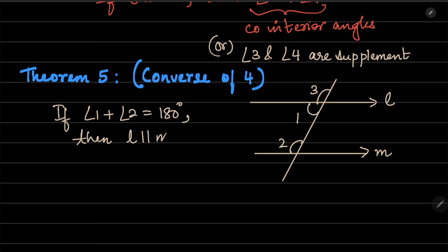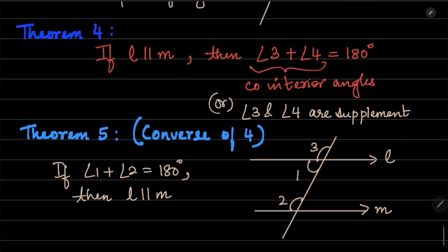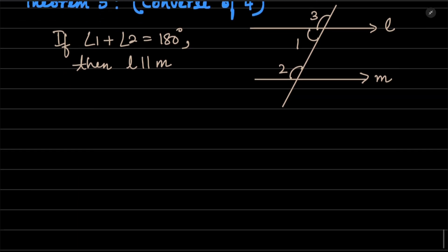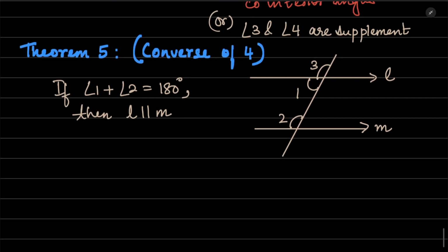Then L is parallel to M. So essentially, theorems 4 and 5 are converse to each other. Theorem 4: if your lines are parallel, then the co-interior sum is 180. Theorem 5 states that if your co-interior angle sum is 180, then the lines are parallel. So far we have done 5 theorems. Now let's move on to the 6th theorem, theorem number 6.